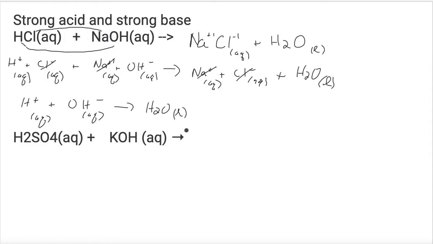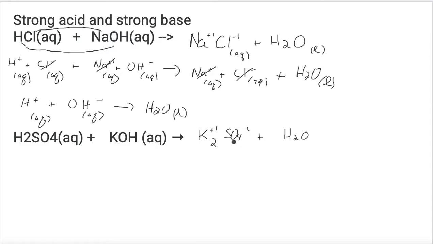Let's finish this one. The K is +1. It's going to go with the sulfate, SO4 -2, so we do the crisscross and get K2SO4. And then the H will go with the OH and make water.